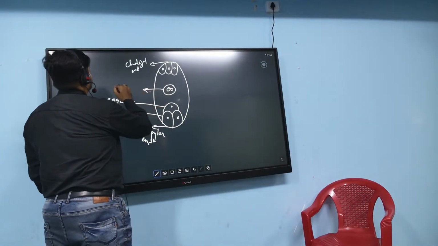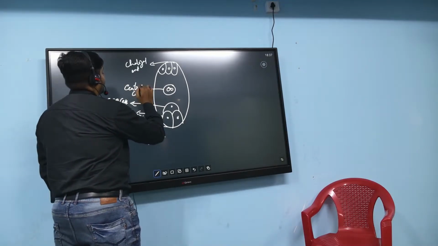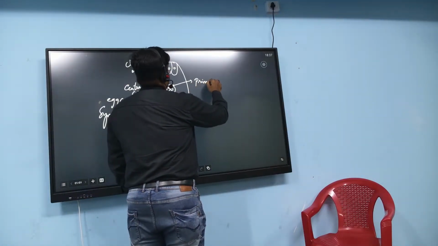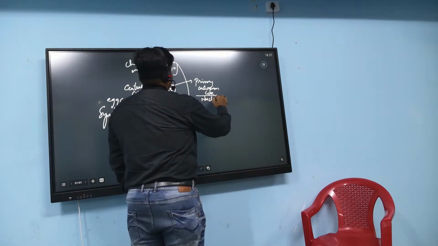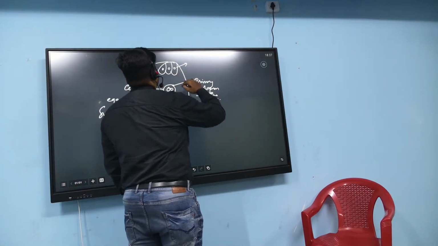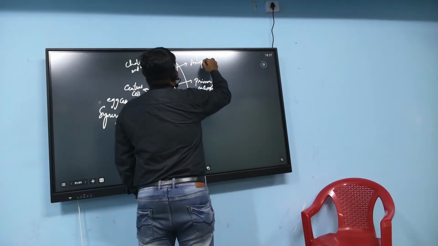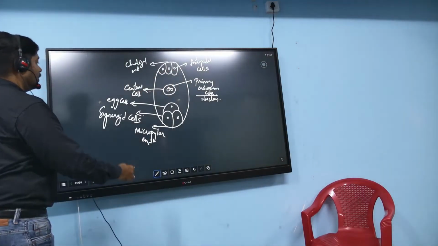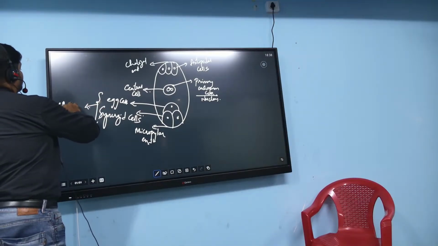Here is the central cell, and in that central cell is the primary endosperm nucleus. The 3 cells at the chalazal end are called antipodal cells. Done.